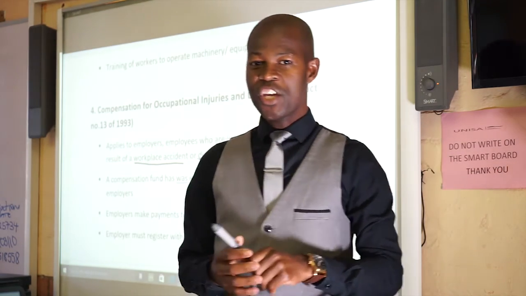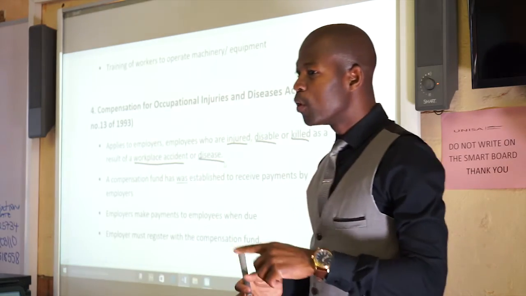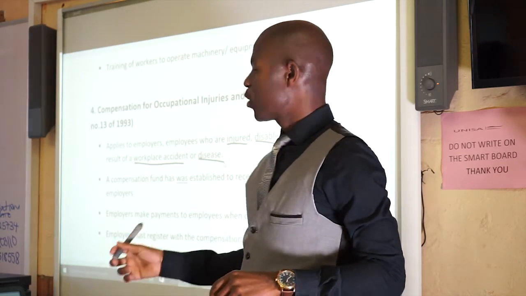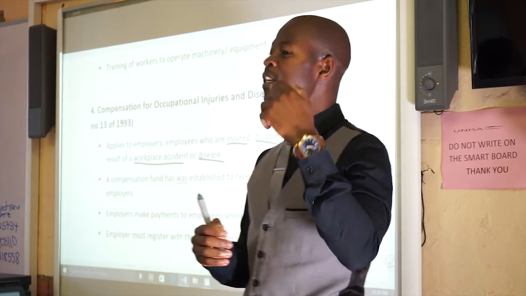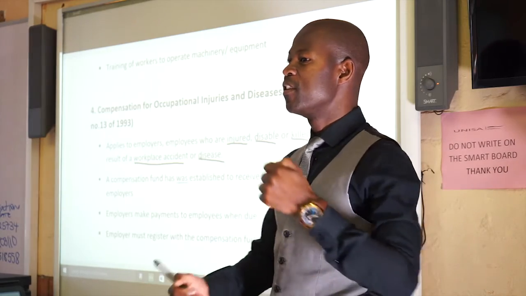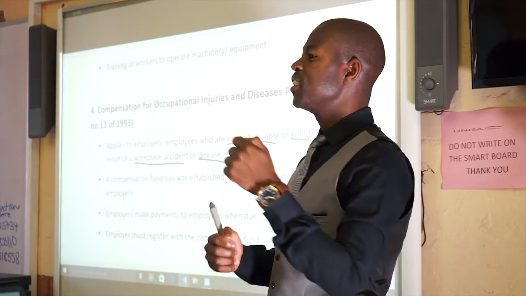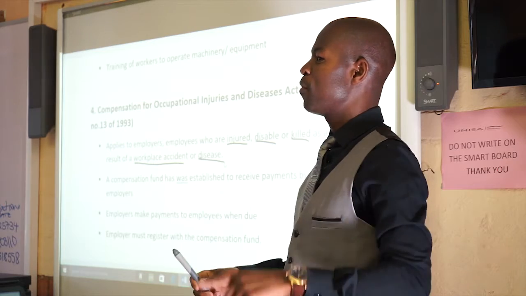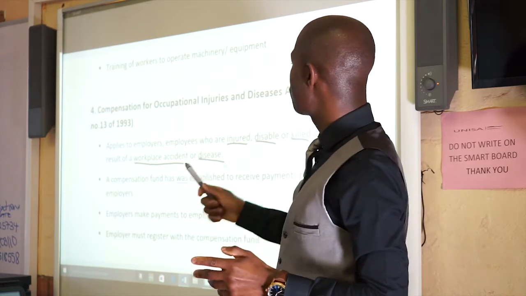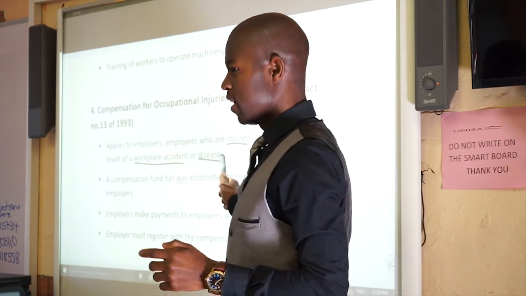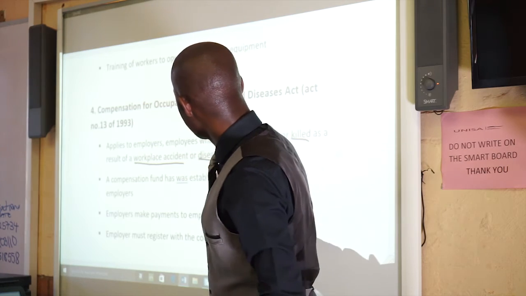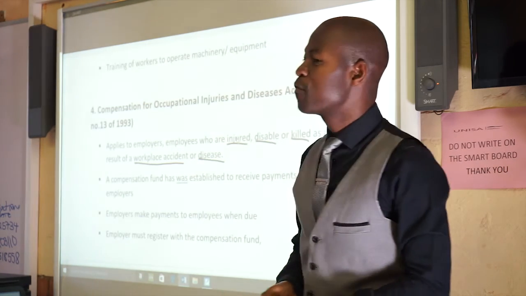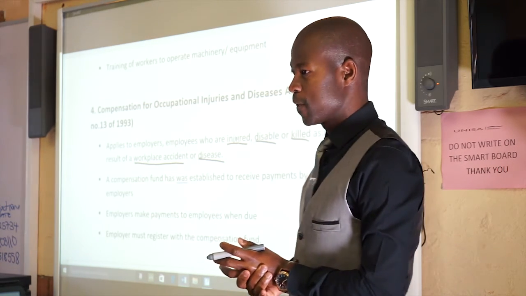So by law, each and every company should submit what we call reports annually to say how many incidents or accidents they have had over a period of maybe six months or over a year. That is to say, is it still safe to work in a particular environment or not?